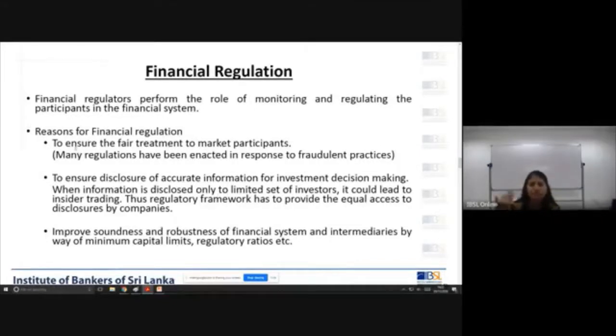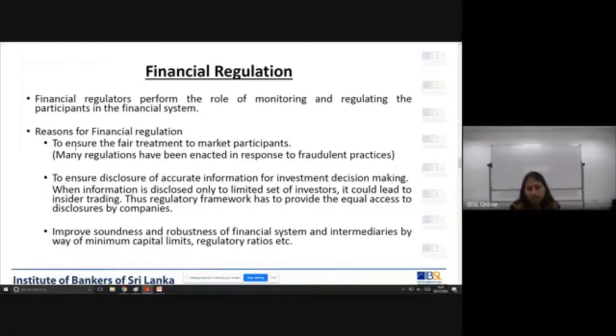These can be used as reasons for regulation or as objectives of the regulation. One is simply to ensure fair treatment to market participants. So that if you have financial regulation, every participant is treated on the same footing. One party is not preferred over the other.